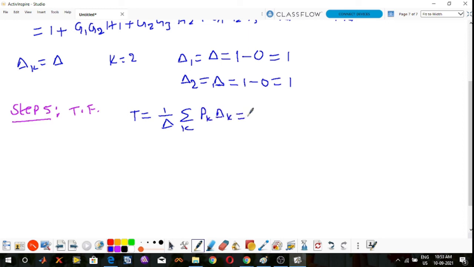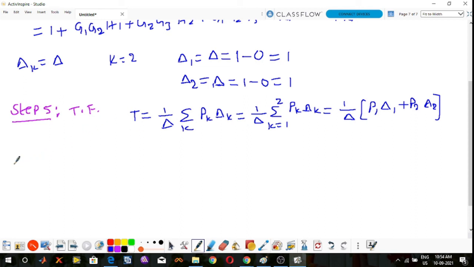In this example, the total number of forward paths is 2, k is from 1 to 2. Substituting k is equal to 1 and k is equal to 2, the transfer function is p1 into delta 1 plus p2 into delta 2. Delta is already calculated, so substitute all the values.